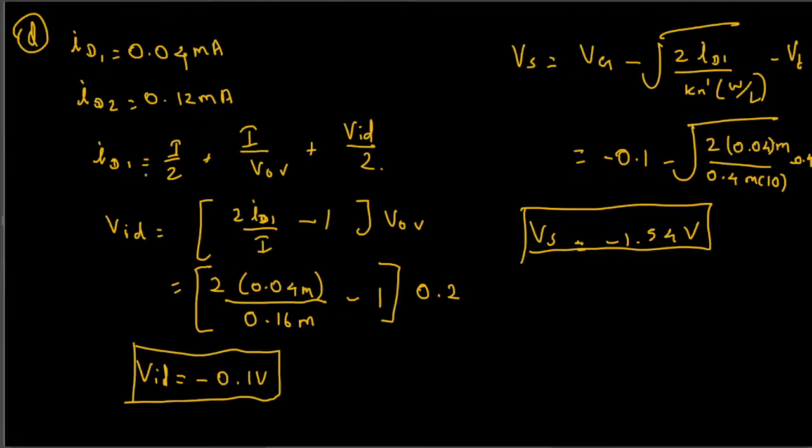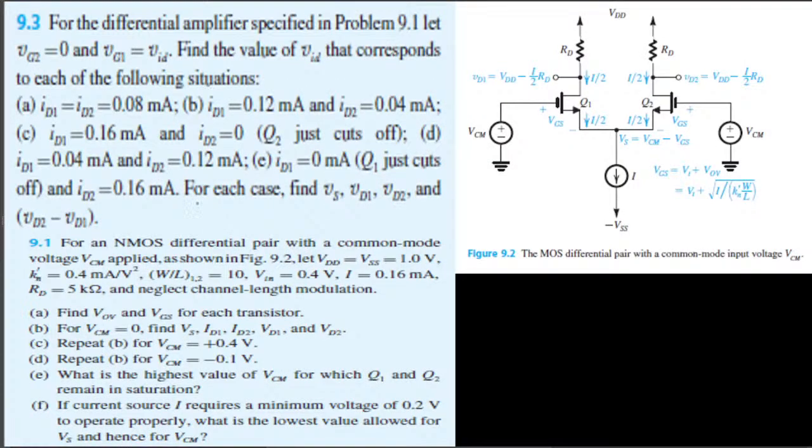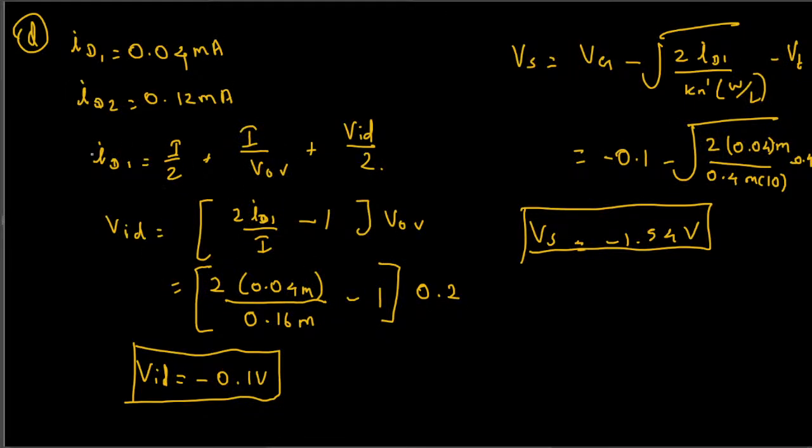We use this one if we have two different currents available. But if one of them is cut off, then we cannot use this one. This is when both of them have a current flow. But if one of them is cut off, then we have to use this one: VID is equal to negative square root of 2 times V over tri.